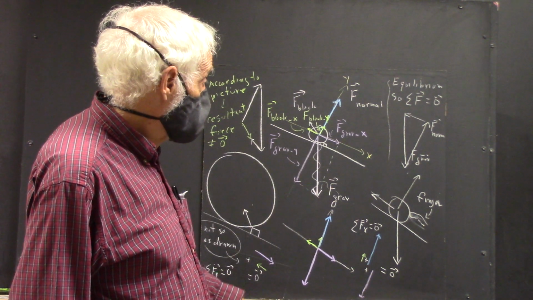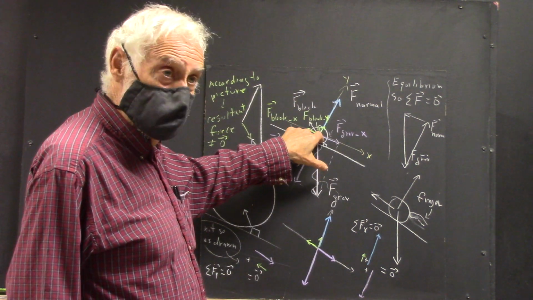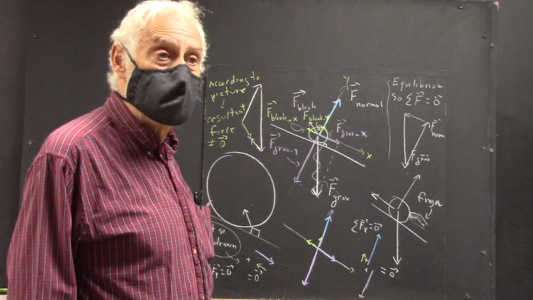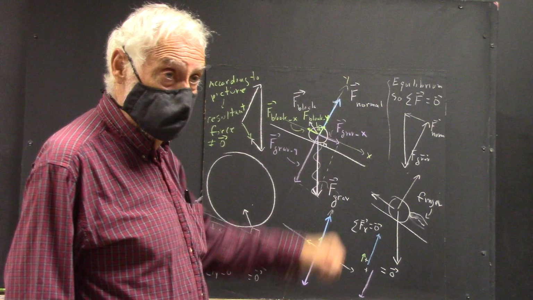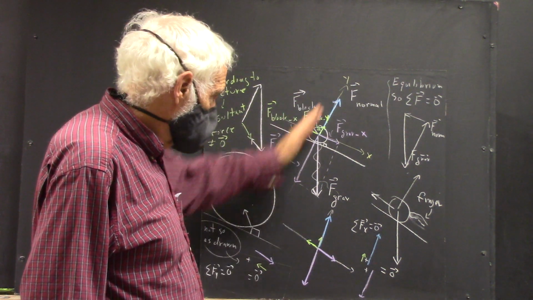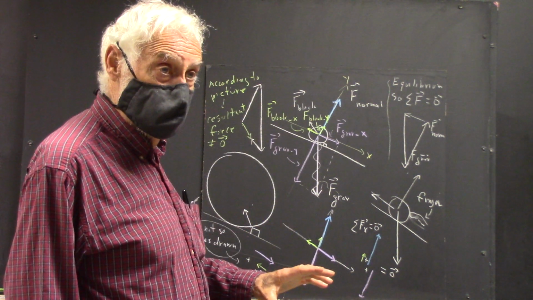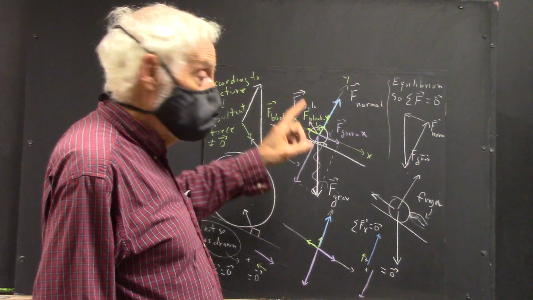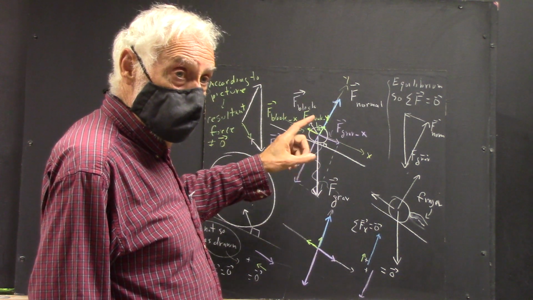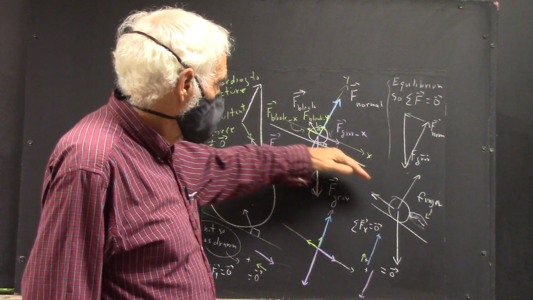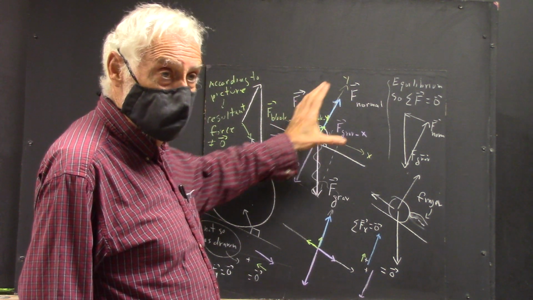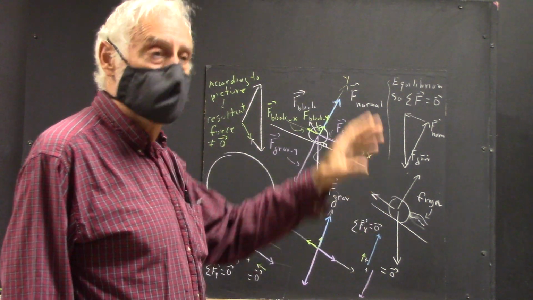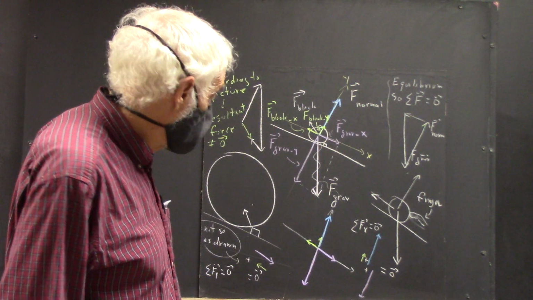If you introduce another force, put a magnet out here and a steel ball, it could come up off the incline, right? In that case, the forces in the y direction wouldn't necessarily add to zero. Forces in the y direction add to zero because the incline is strong enough to support the ball and there's no external force succeeding in pulling the ball up off the incline.